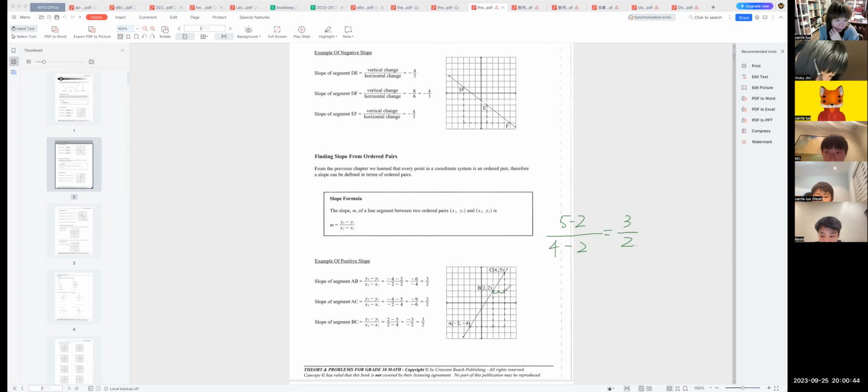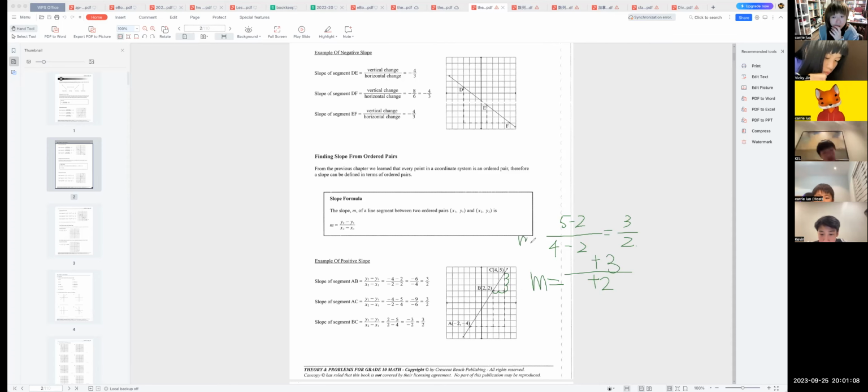It's the same thing. You can count, and then the slope is positive 2 on the denominator. Then going up vertically, 1, 2, 3, along the y-axis is positive 3. That means it's positive 3 on the numerator. So m equals 3/2.